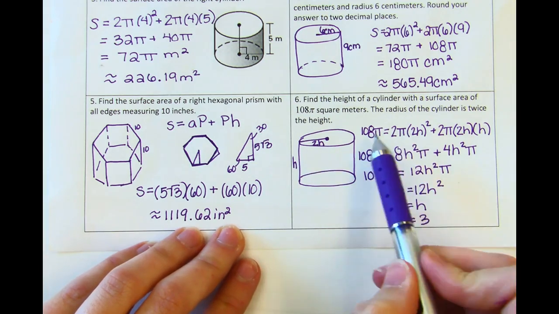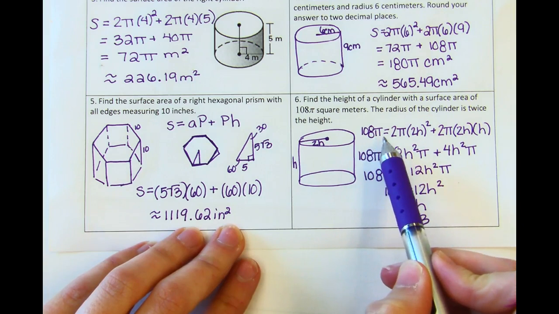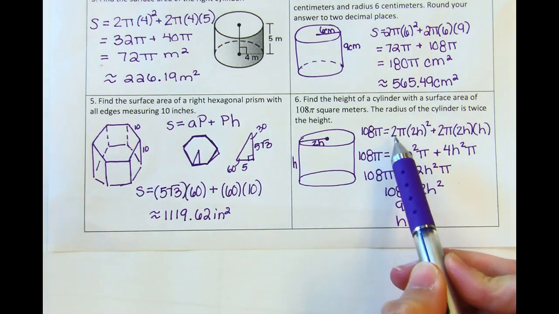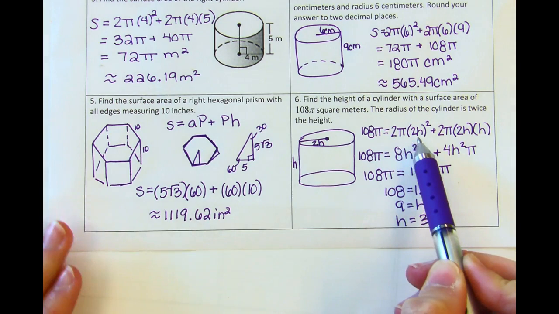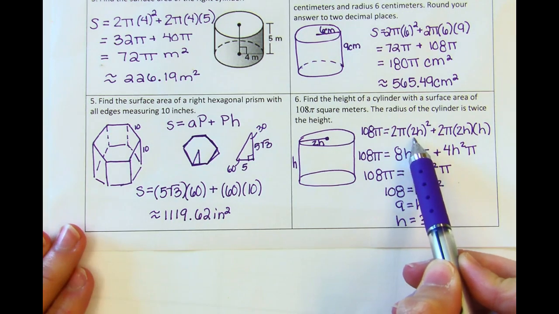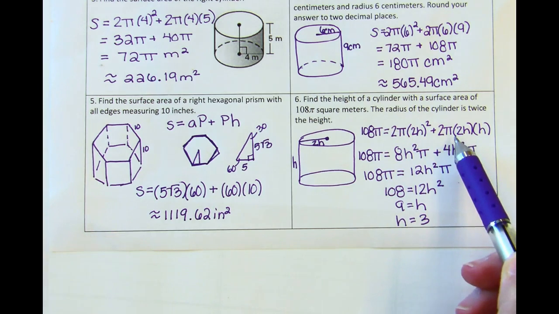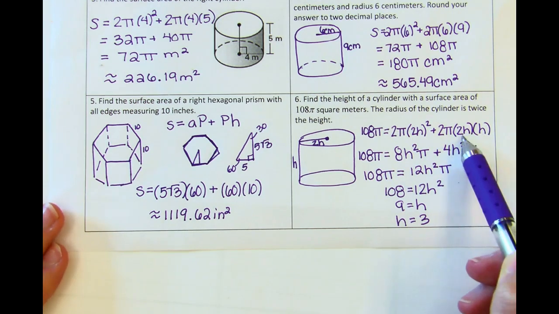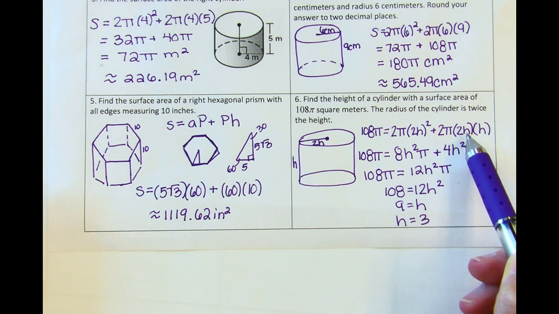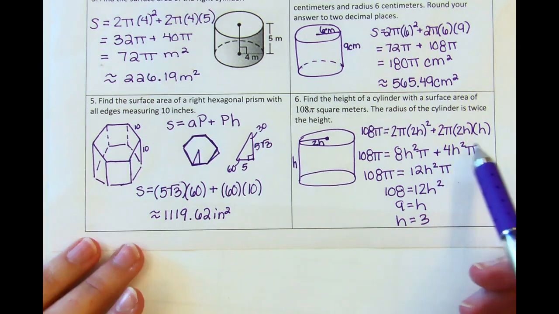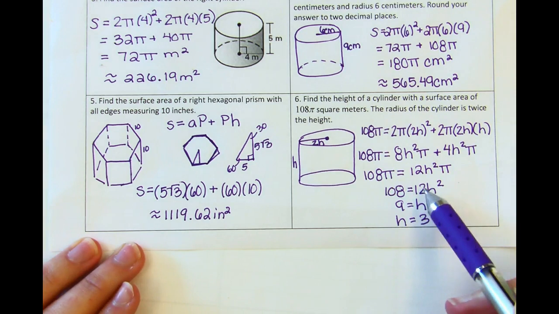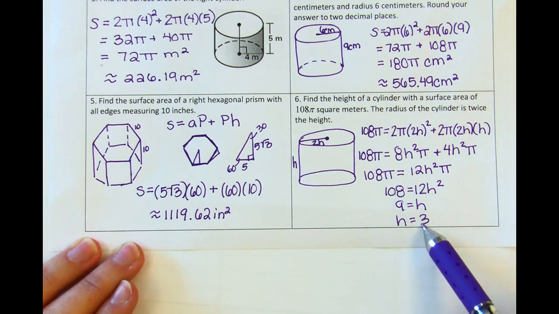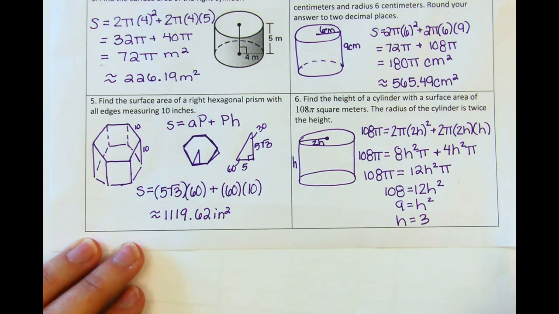So my surface area, 108 pi, equals 2 times the base, 2 pi r squared, but plug in 2h for r, plus perimeter, which is circumference, times height, again plugging in 2h for r. And then it actually ends up working out very nicely, and it comes all down to h equals 3. H won't equal negative 3 because it doesn't make sense to have a negative height.